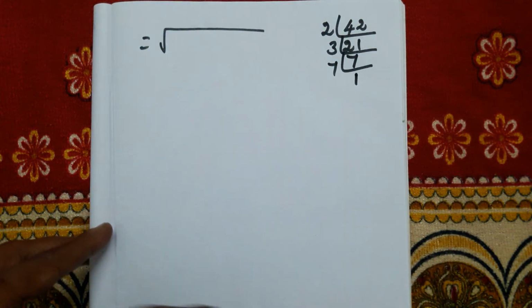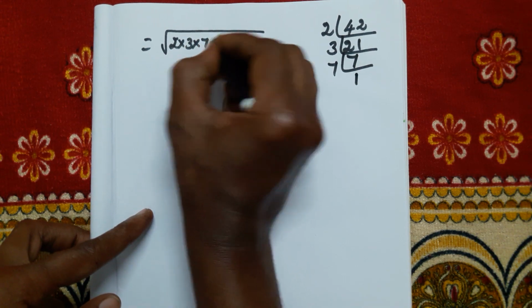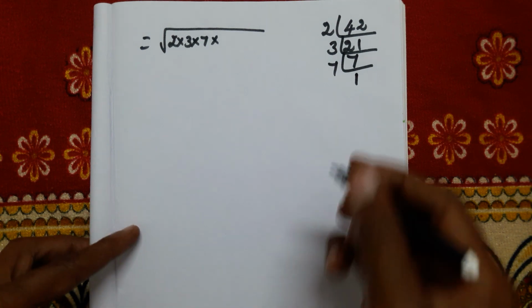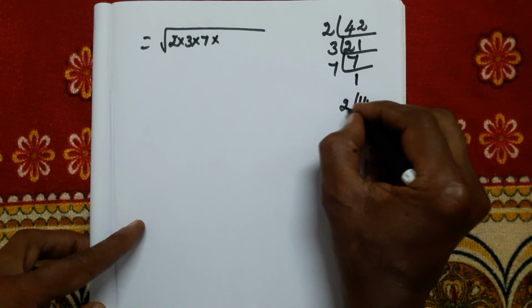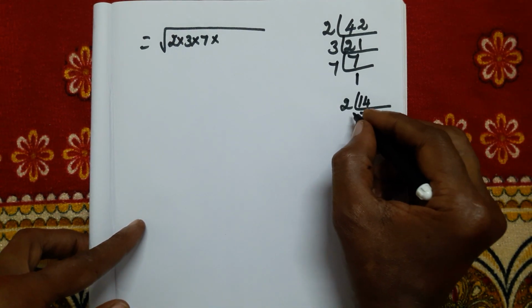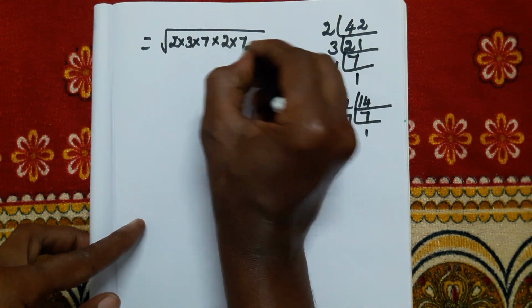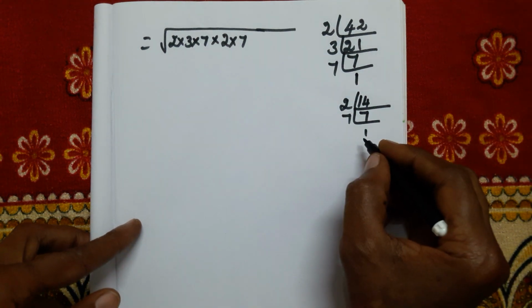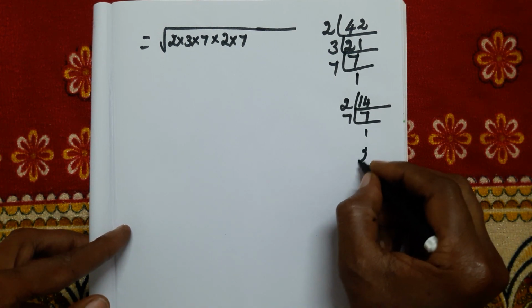So root 42 we write as 2 into 3 into 7. Next number, 14. When we factorize 14, we get 2 into 7, since 7 twos are 14. Next number, 27.